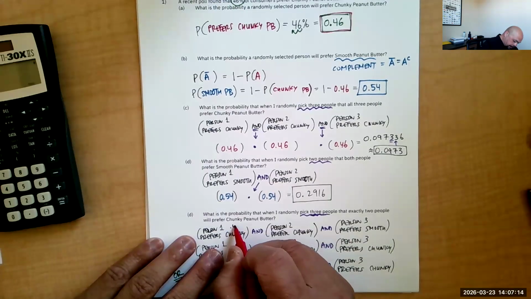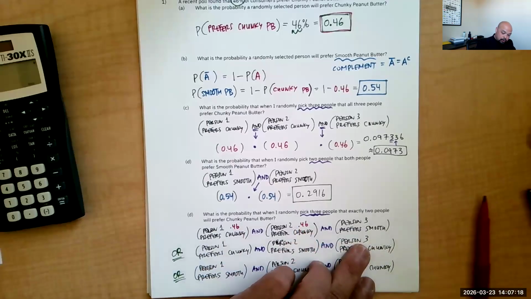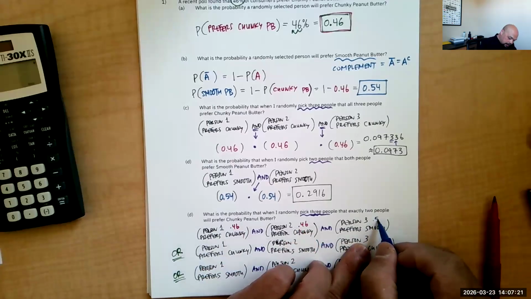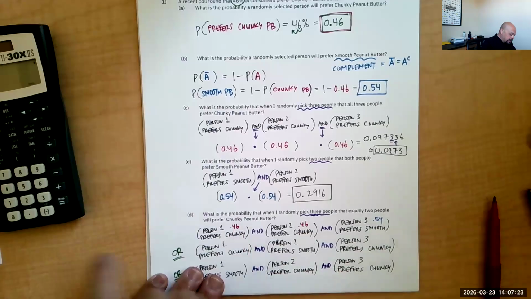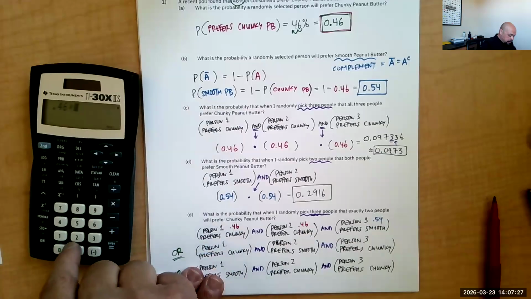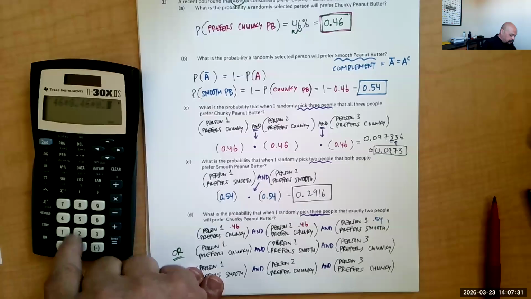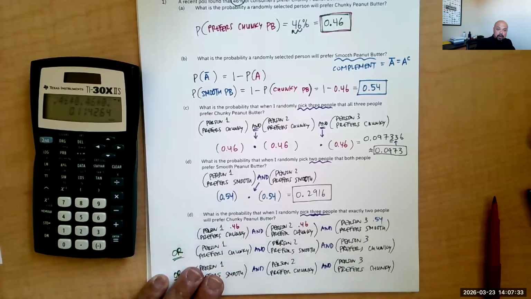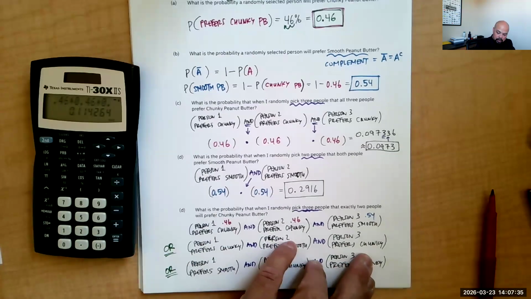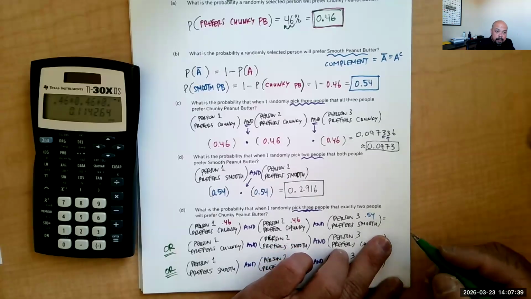Let's keep that up here. Prefer chunky, 0.46. Prefer smooth, that was that 0.54. And so if I multiply together 0.46 times 0.46 times 0.54, we're getting this long decimal result.